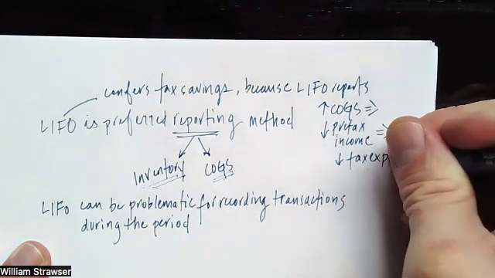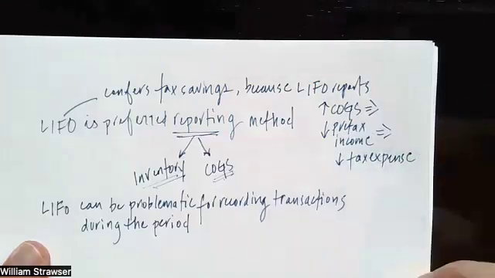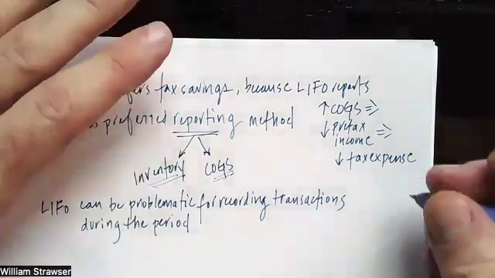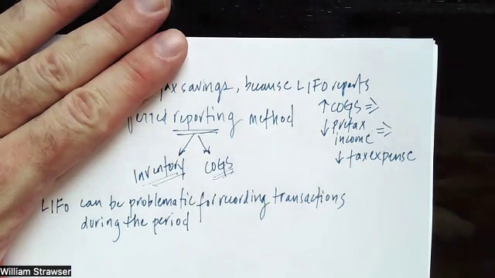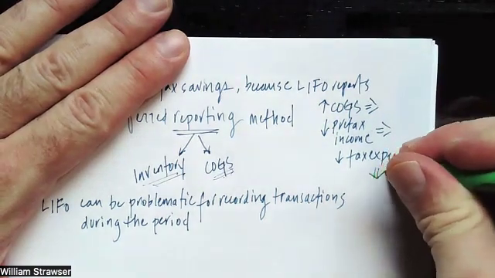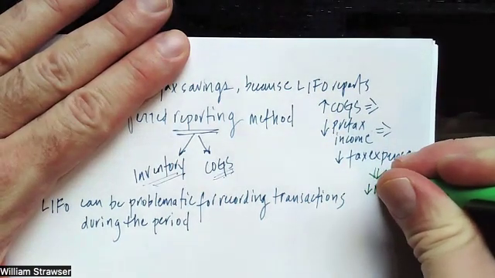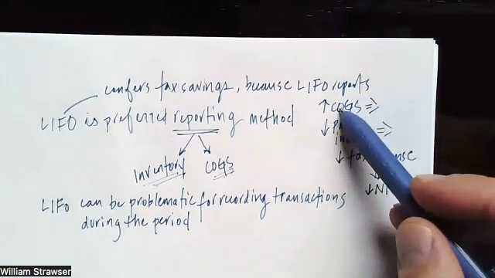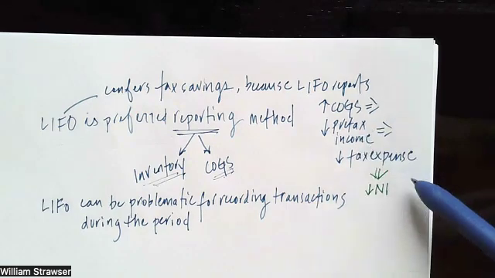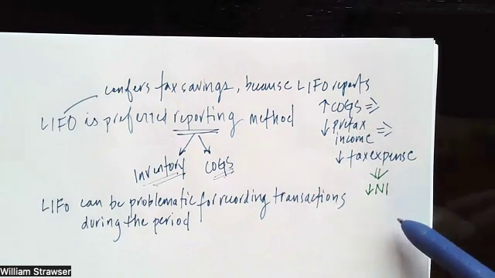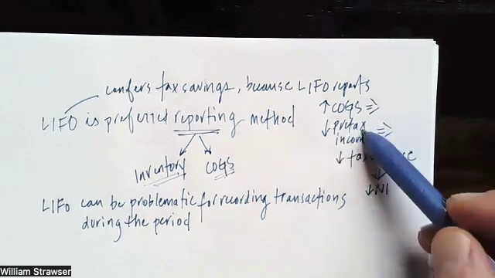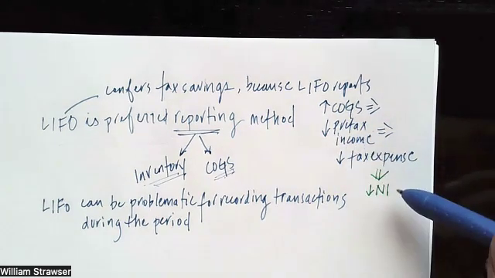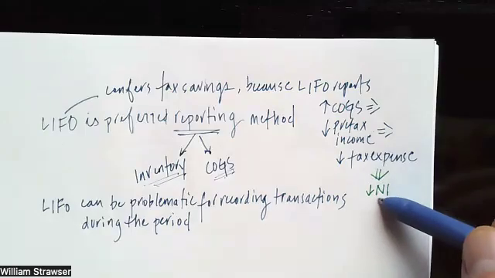Now you might think, why are they willing to save on taxes? Because the ultimate, perhaps undesirable result of this is lower net income. We are reporting less tax expense, but we're not going to be reporting as much net income, because higher cost of goods sold pushes pre-tax income down, and it pushes tax expense down in proportion to that reduction to pre-tax income, but this all will result in lower net income.